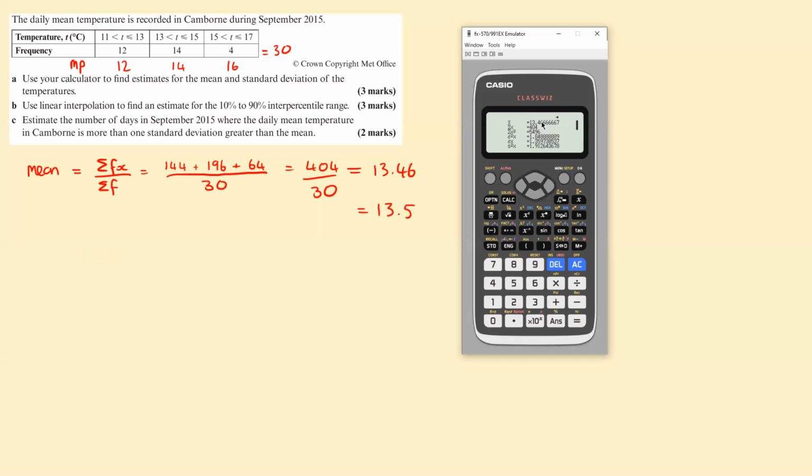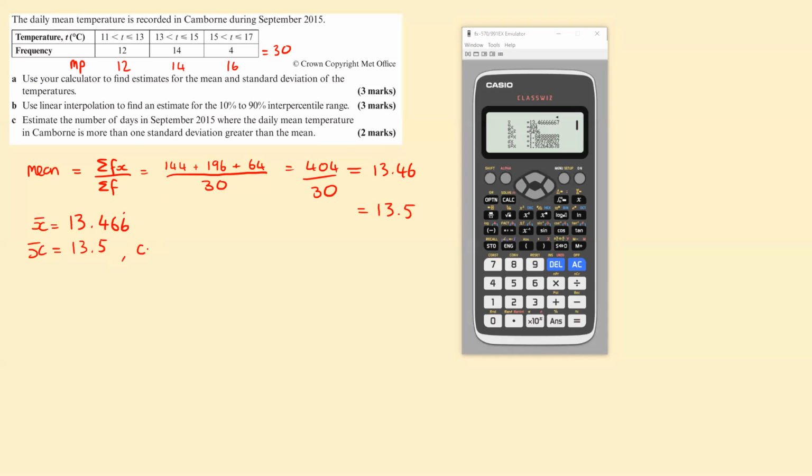The mean itself is 13.46666, which agrees with what I've got. So I'm just going to write that out properly now. X bar is equal to 13.4666, which is 13.5.